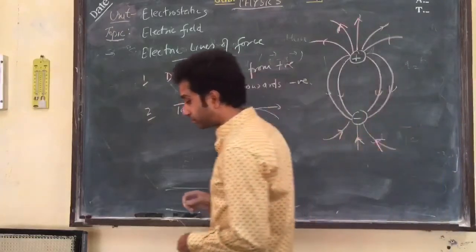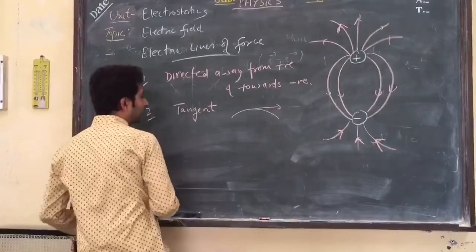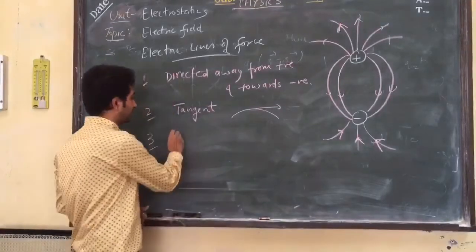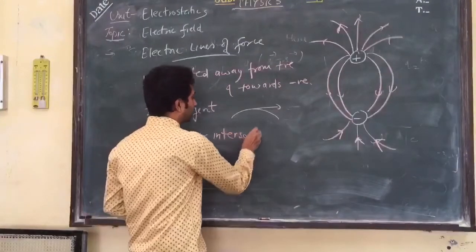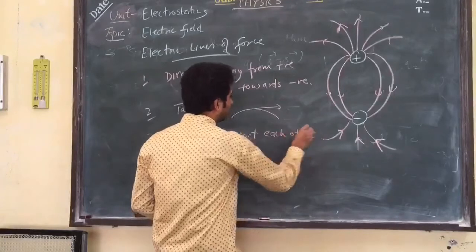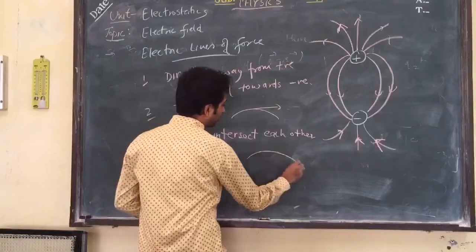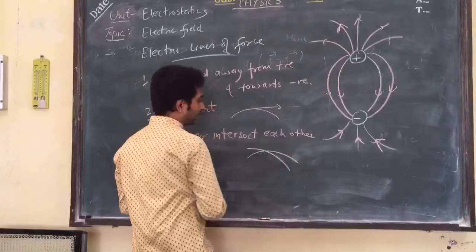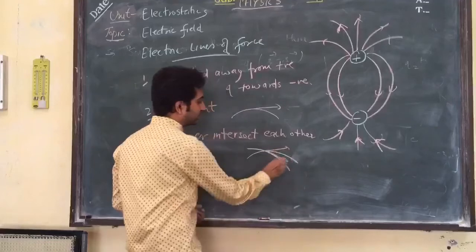Okay. And a very important concept is that two electric field lines never intersect each other. Sometimes they are also asking it as a short question: why can two electric field lines never intersect each other? The concept is, if two electric field lines intersect at a point like this, then at that point there will be two tangents.